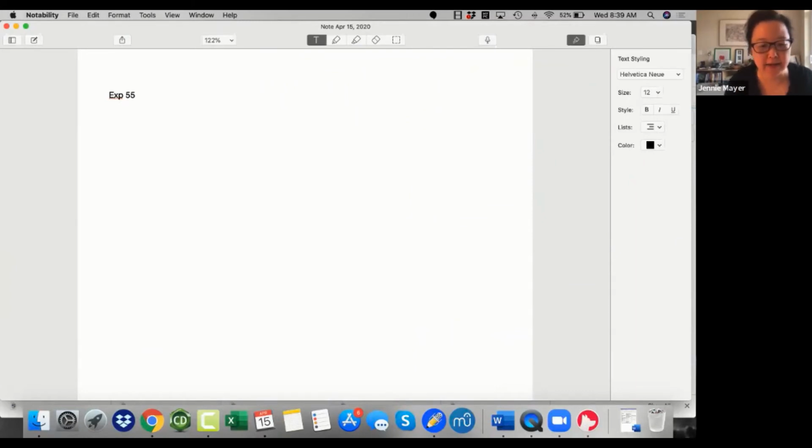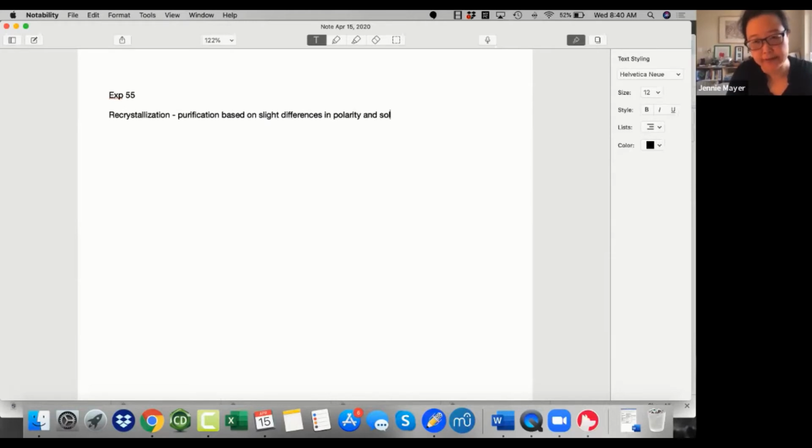So first of all, recrystallization, that generally is a purification method, okay? And generally, what you're trying to do is purify based on slight differences in polarity and solubility.